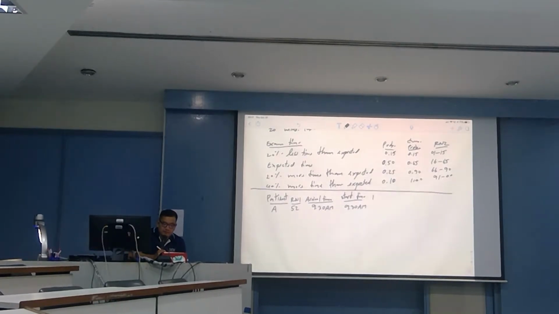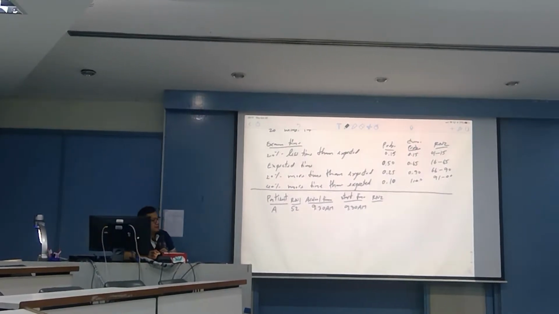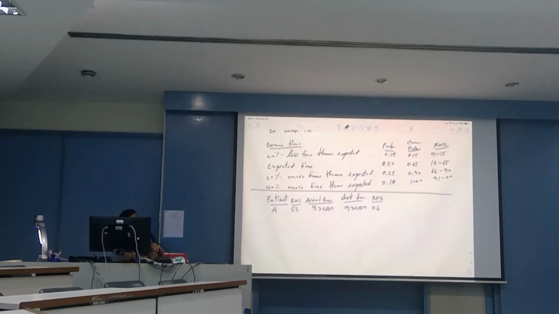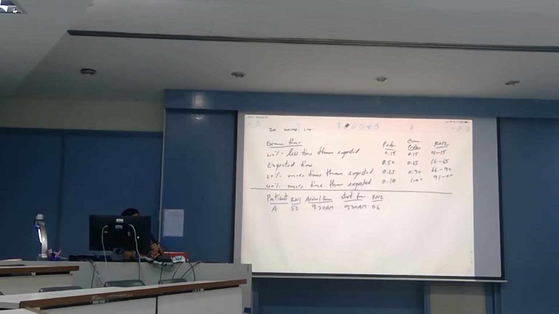Then we need to estimate the exam time. The next number is 06. For the exam time, 06 is in the range of 01 to 15, so exam time in this case is 20% less time than expected.